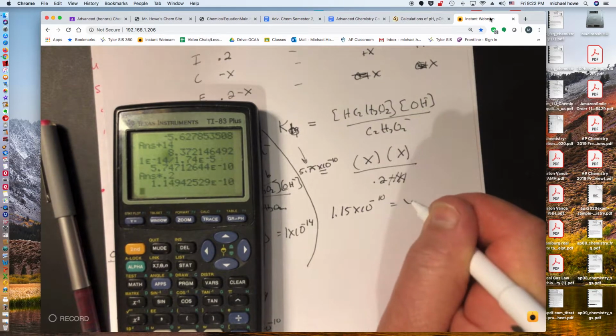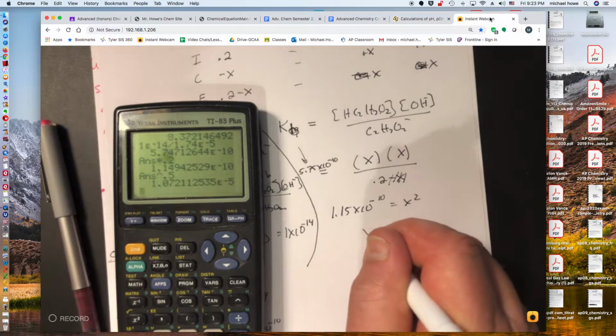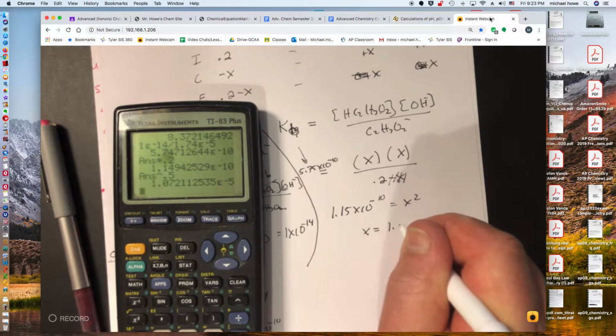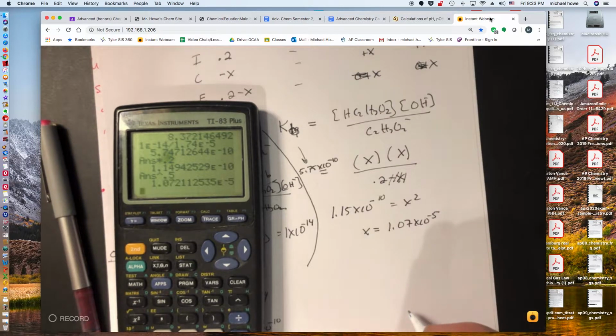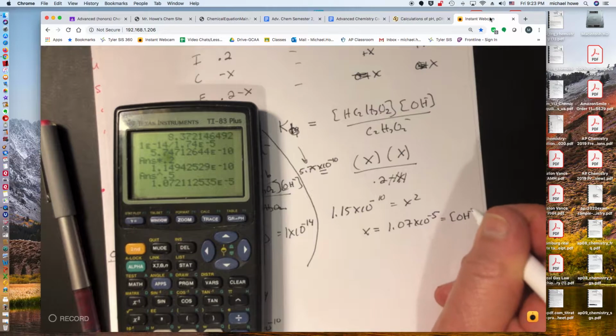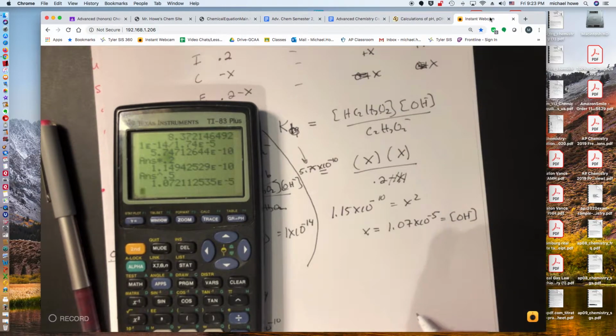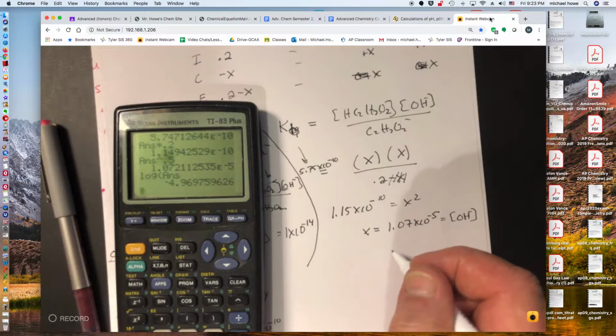That equals x squared, so you take the square root. Remember, a shortcut for square root is just raising to the 0.5 power. And you end up with x being equal to 1.07 times 10 to the negative fifth. Now, how do you find pH? Remember, that's the OH concentration, and you find pOH by taking the negative logarithm of that. So I'm going to take the logarithm of that answer, and that is 4.97.